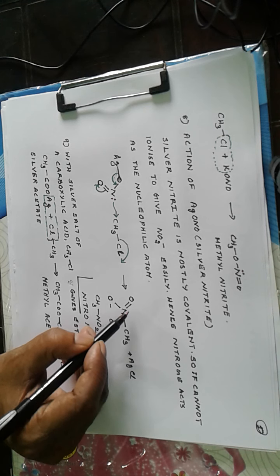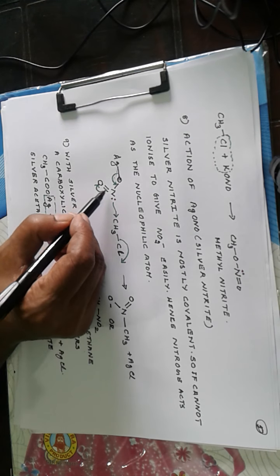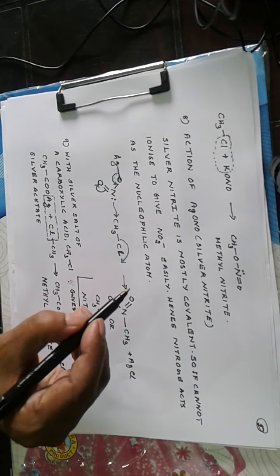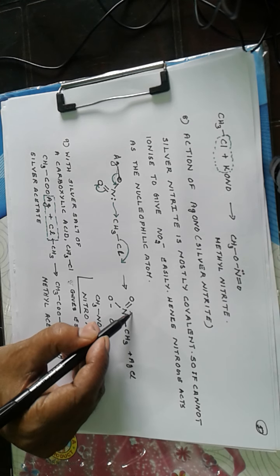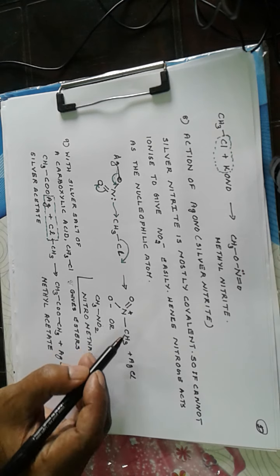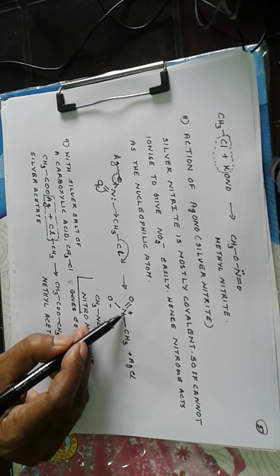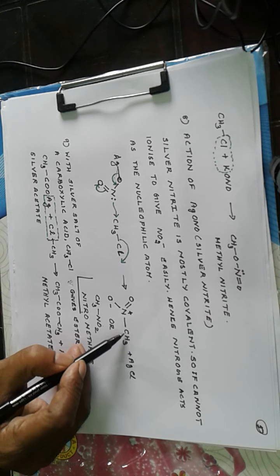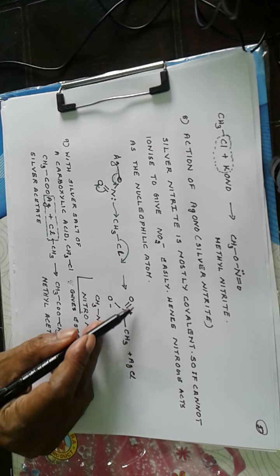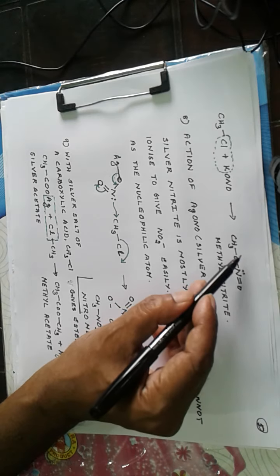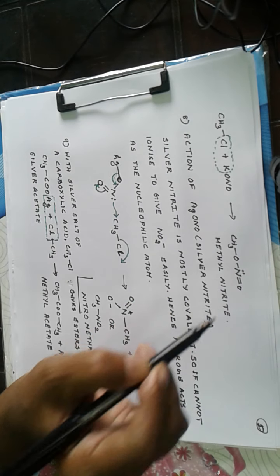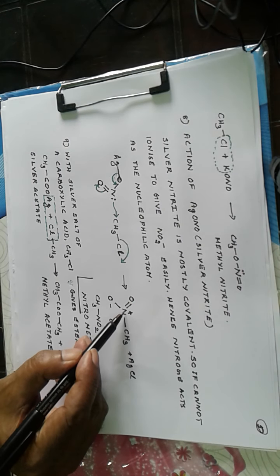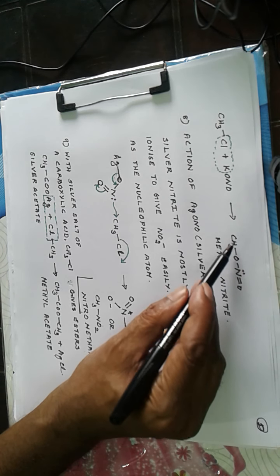So there is no net change for the charge of nitrogen, so it becomes N positive, and this is called nitromethane because nitrogen is connected directly to the carbon, and this group is called the nitro group, and this group is called the nitrite group. So nitro group means nitrogen is bonded to carbon, nitrite means oxygen is bonded to carbon.